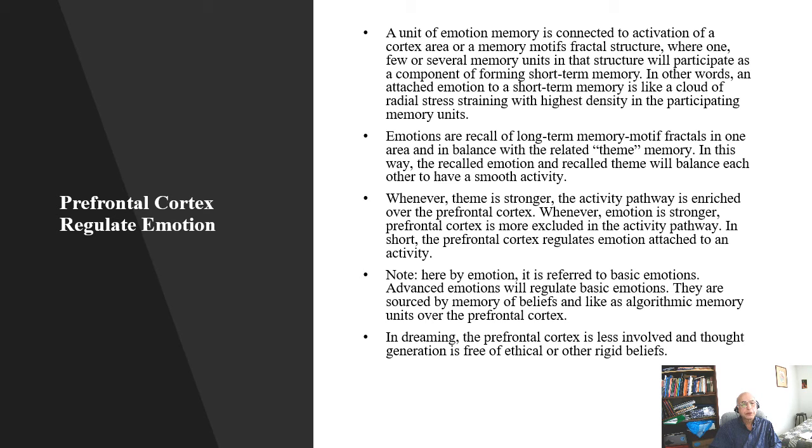Just to note that by emotion here, I refer to the basic emotion. Actually, the ethical and religious emotions and so on are like algorithm memory units over the prefrontal cortex.